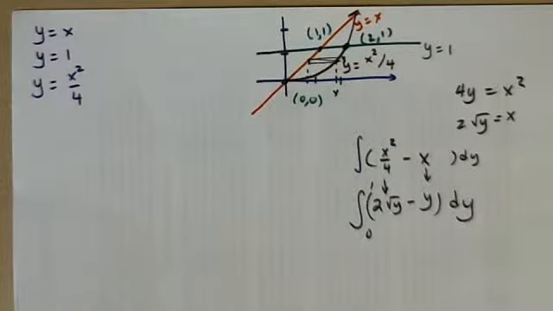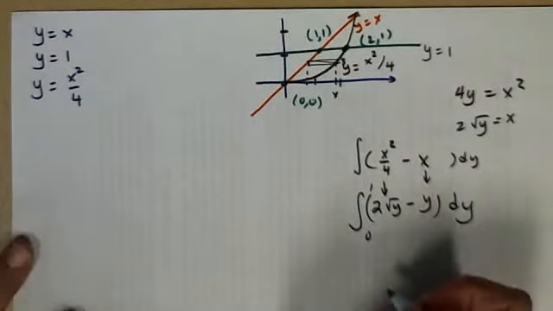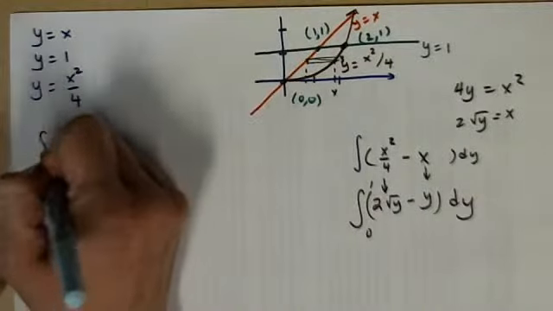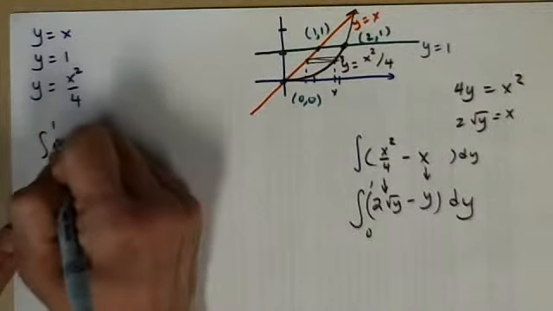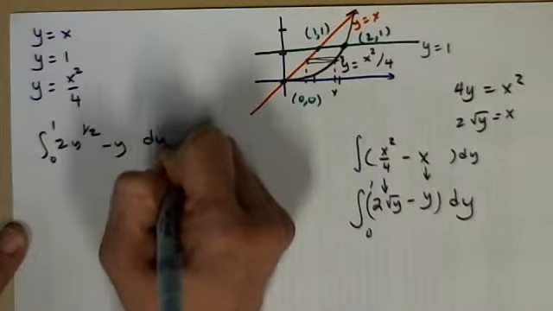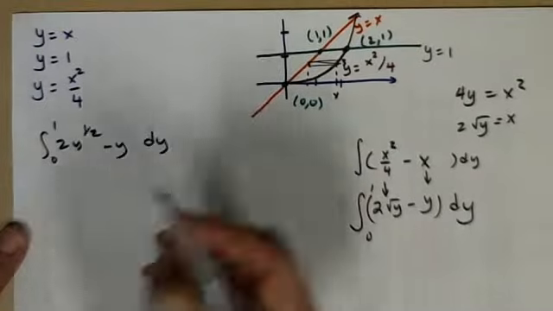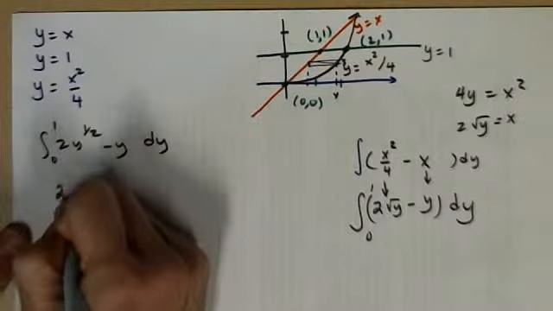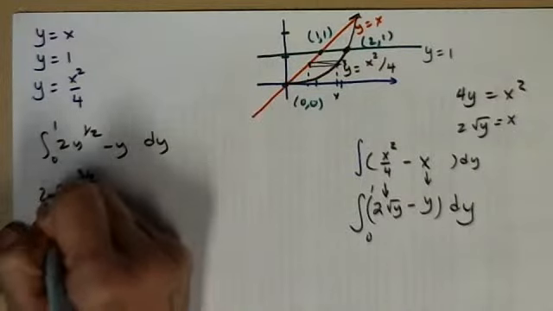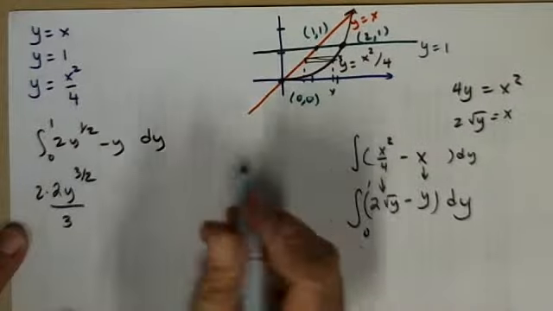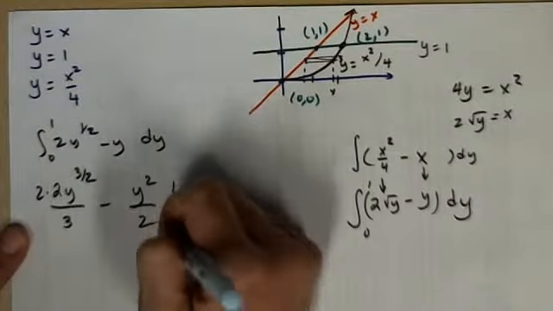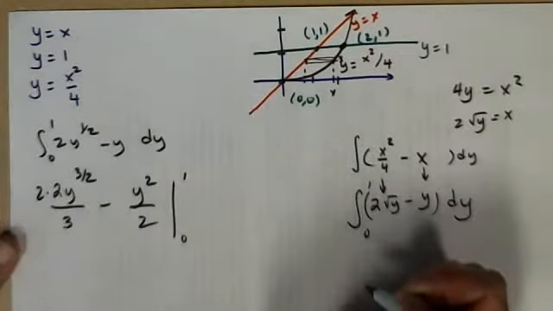So if we do that integral, integrate 0 to 1 of 2y to the 1/2 minus y dy. Use our power property: for 2y^(1/2), add 1 to get 3/2, divide by the new 3/2, which is multiplying by 2/3, minus y squared over 2, between 0 and 1.